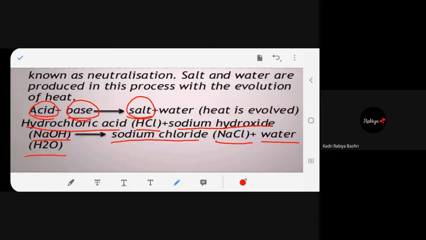Water, that is H2O, is water. This is the neutralization. Any problem?